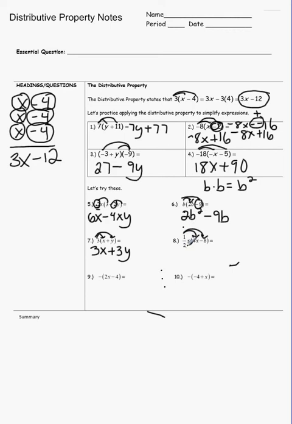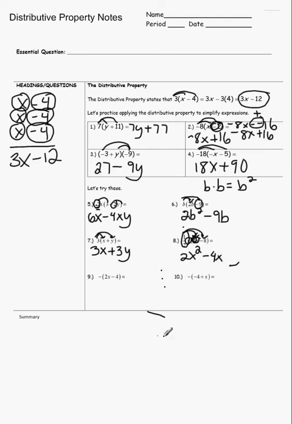So here we look at our coefficients and multiply them together. So 1/2 times 4 is 2. And then you look at your variables and multiply them together. x times x is x squared. So we have 2x squared. And you have minus 1/2 times 8 is 4, but you still have your x. So we have 1/2 x times 8 is 4x.